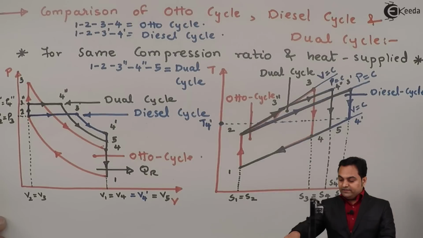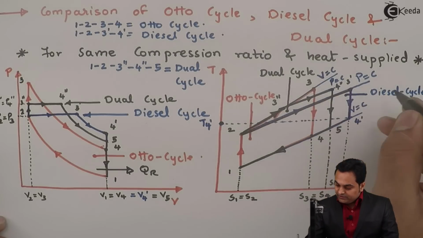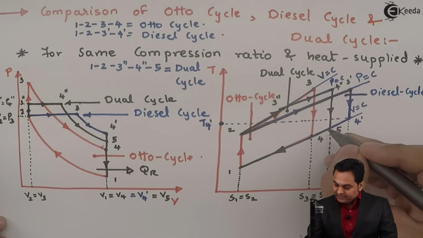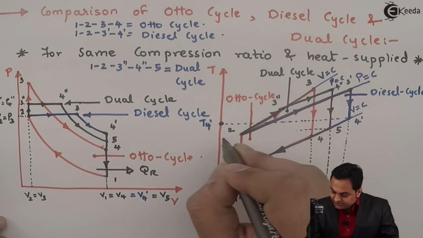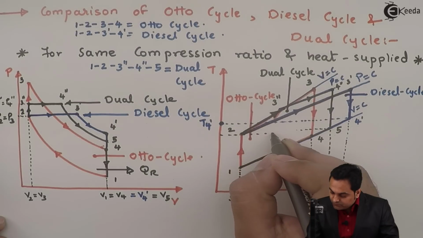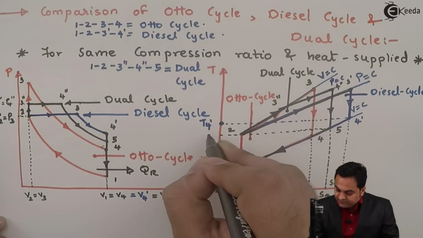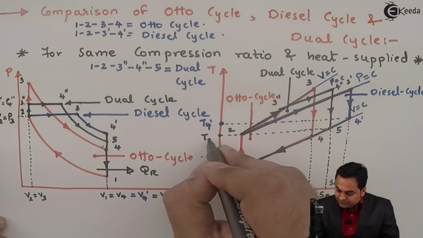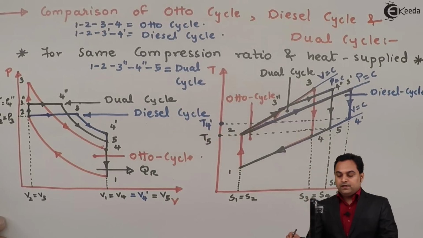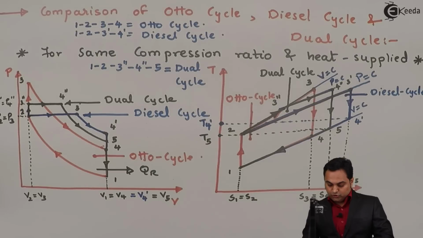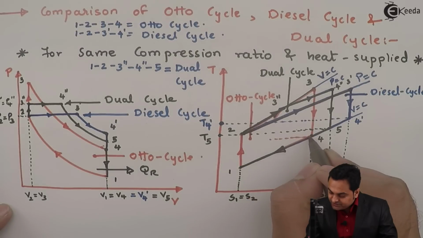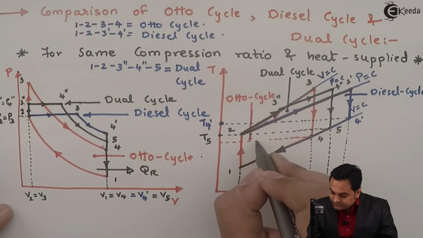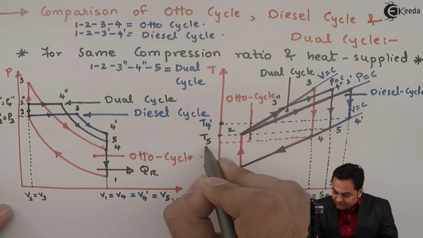Then in case of dual cycle, the temperature corresponding to point 5 at which the heat is rejected gives me temperature T5, and at last for Otto cycle, the temperature at which the heat is rejected is T4.